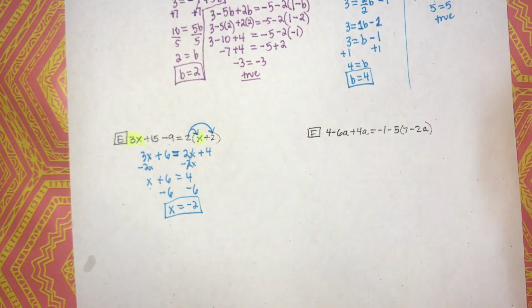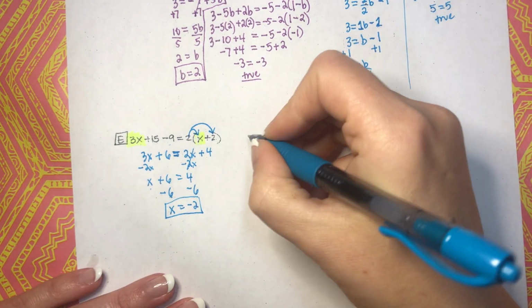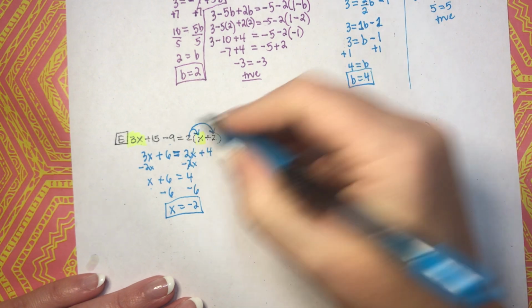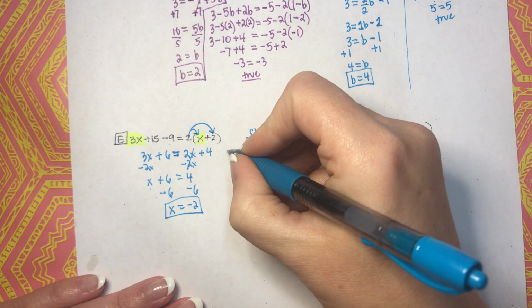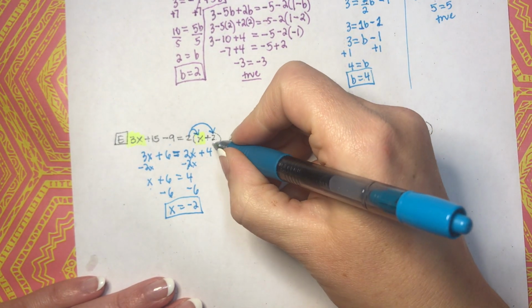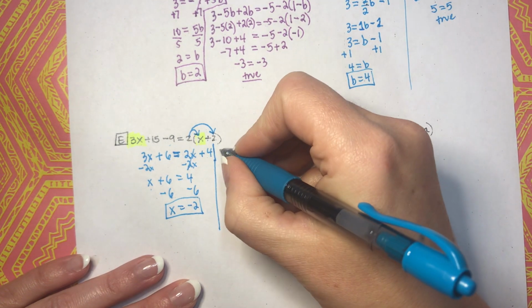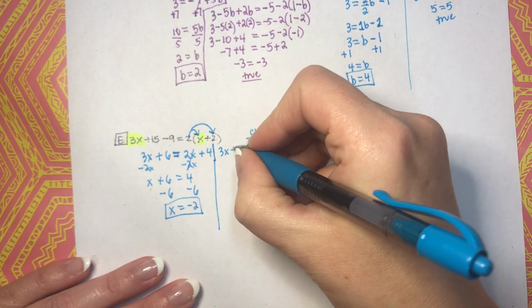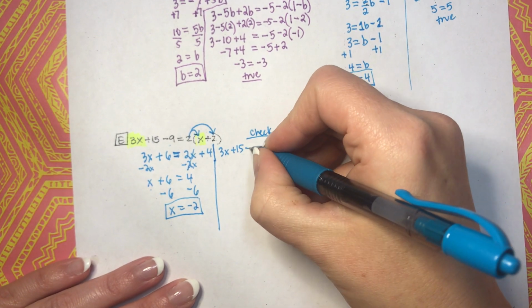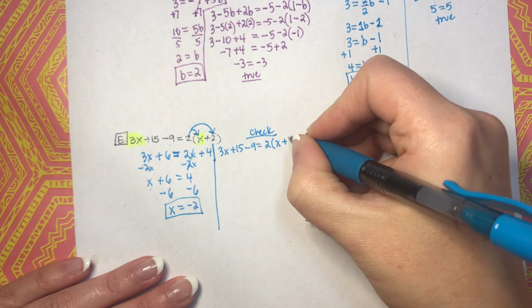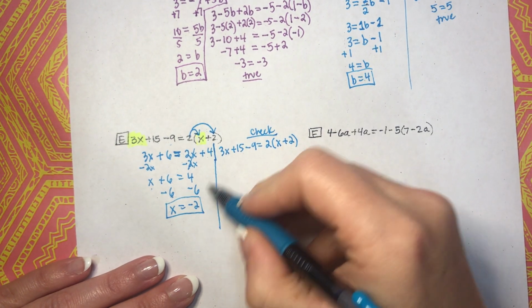Let's see if it works. We're going to check it. Write the word check. Write that original equation. Just write a line down. 3x plus 15 minus 9 equals 2 multiplied by the quantity x plus 2. We're going to put negative 2 in for x.